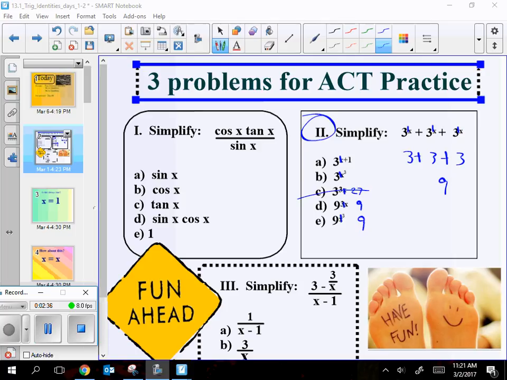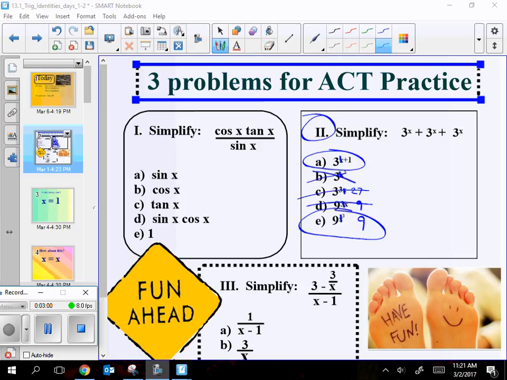This one would give me 3 to the 1, which is 3, so it can't be that one. And this one would work too. Oh, not D. I screwed up on something on D. Oh, 9 to the 3rd. Yeah, 9 to the 3rd is definitely not 9. Can't be that one. But it could be this one or this one. Cool. You got it down to 2 with that technique. It's either A or it's E.